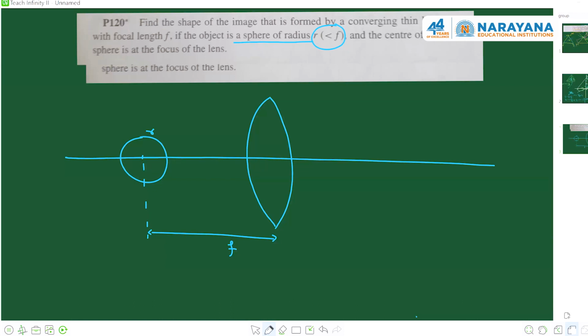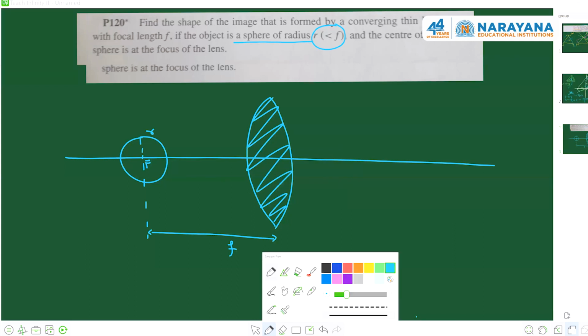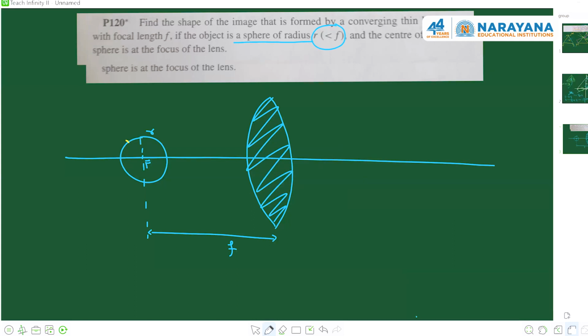So all the rays which come out from different points of the sphere, obviously you understand that when we talk about people who are on the left hand side, let's say I'm talking about someone who is here. And let me treat this point as my origin.